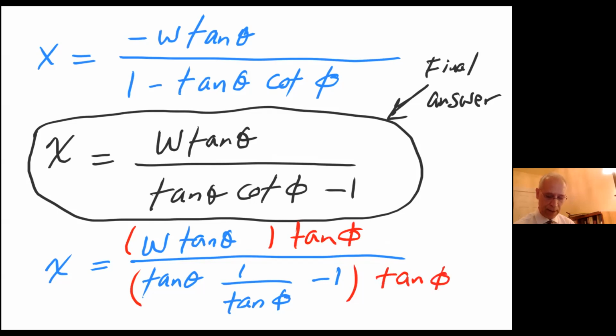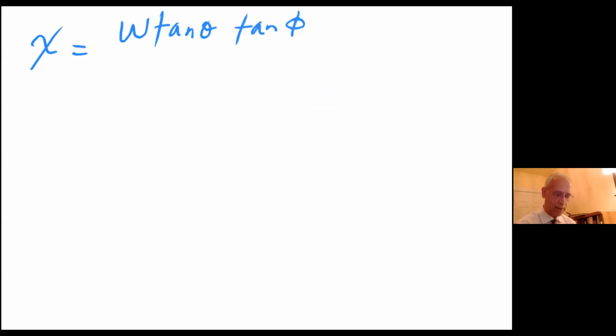So now I have x equals, let's say w, I had tangent of theta. I'm multiplying that by tangent of phi.